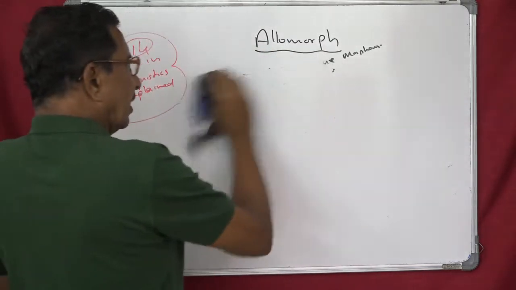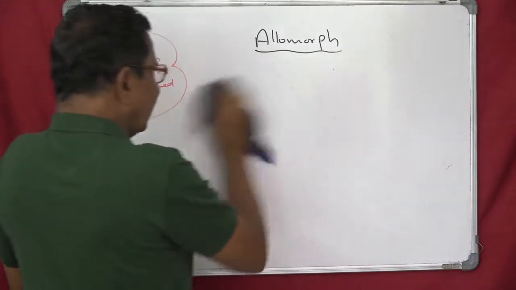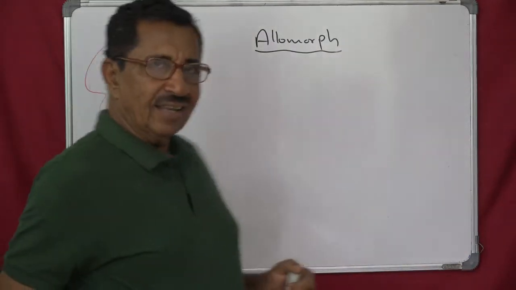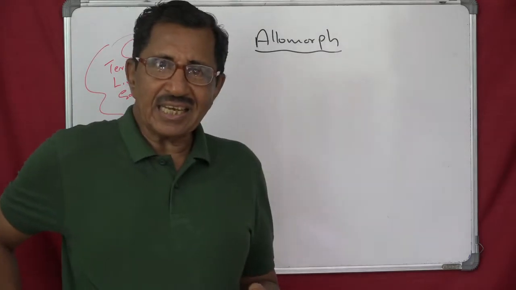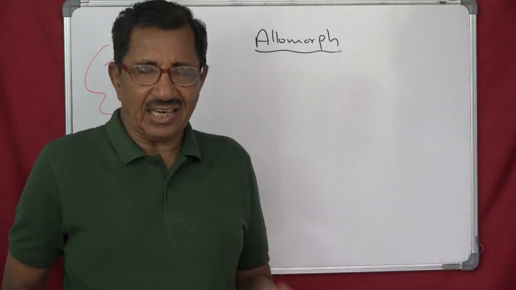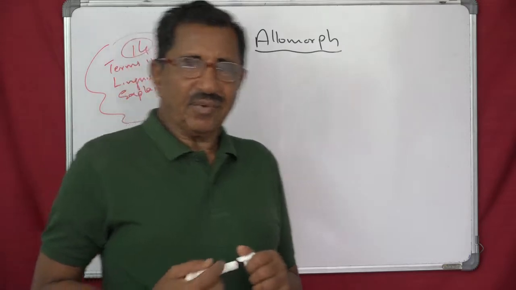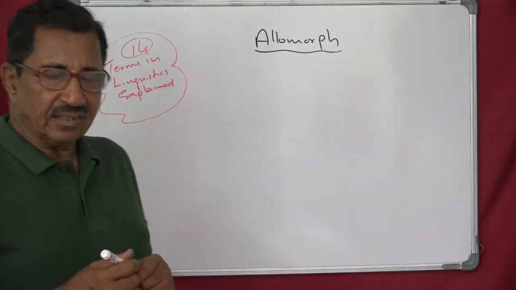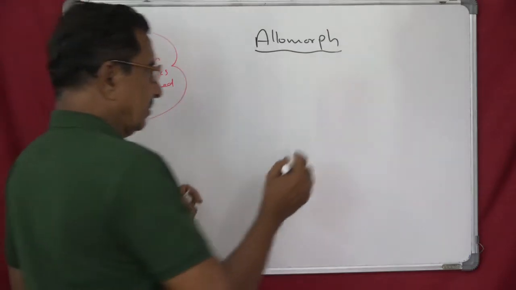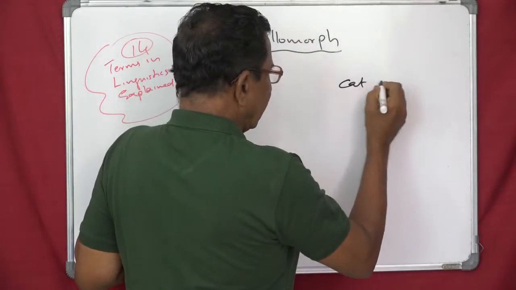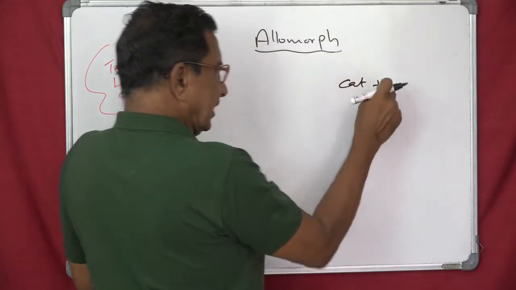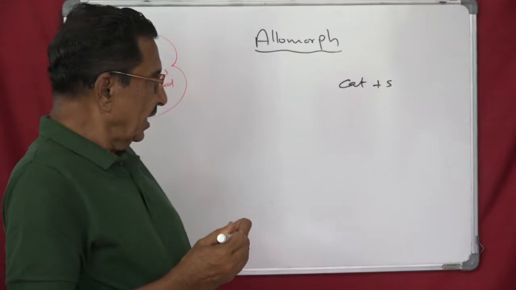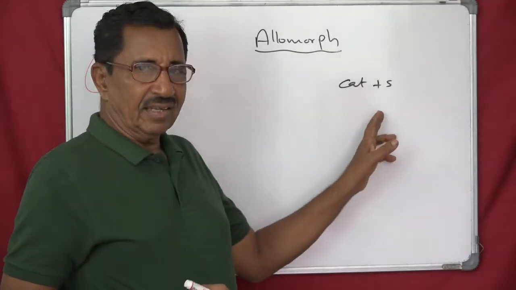Sure. There are allomorphs of, for example, the plural. The plural is realized in three ways. For example, you have a plural like cats. Cat plus s. So s is a morpheme because it has a meaning.